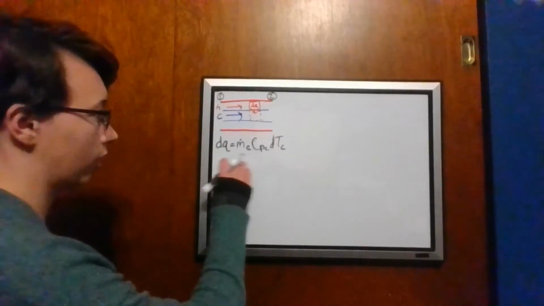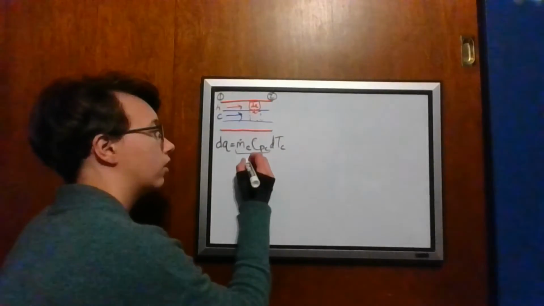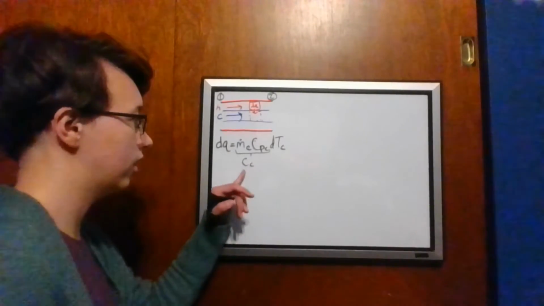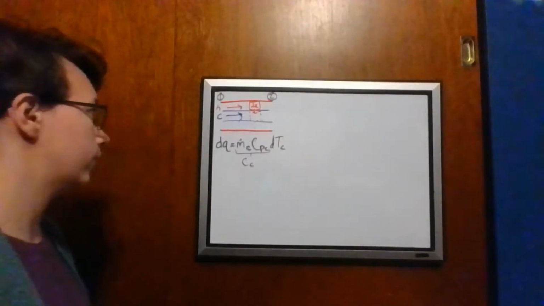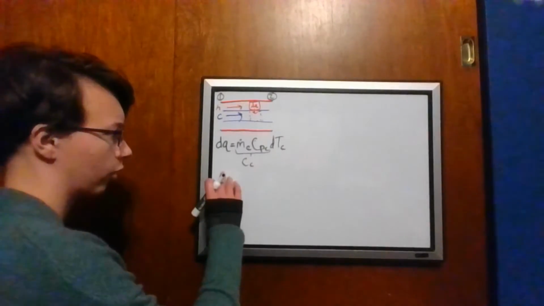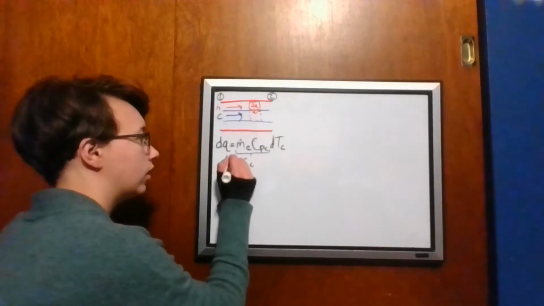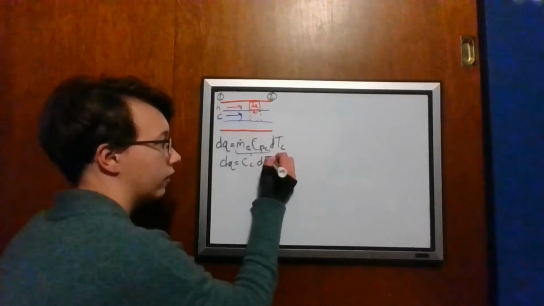So from here we can combine this term into a term C sub C. This is our heat transfer rate for the cold fluid. So we have dQ is equal to the Cc times the differential of Tc.